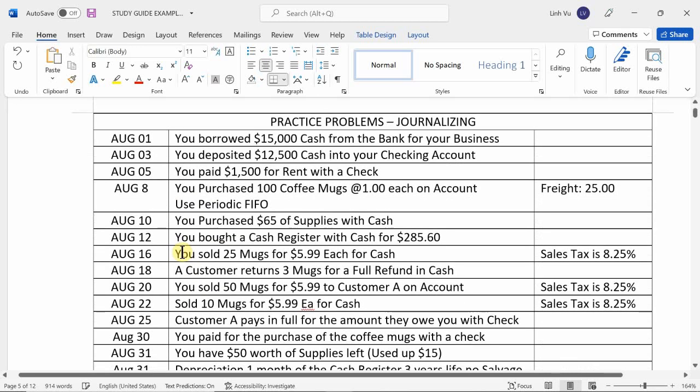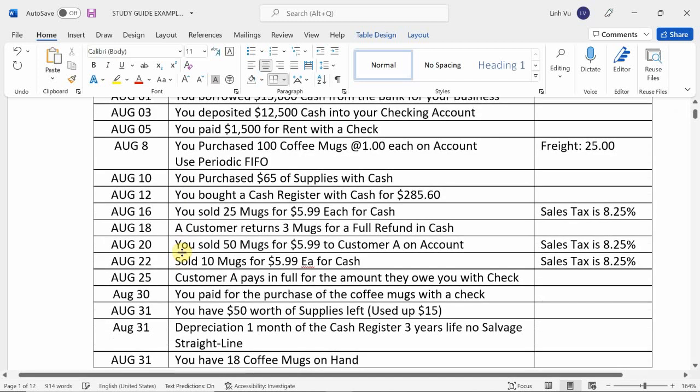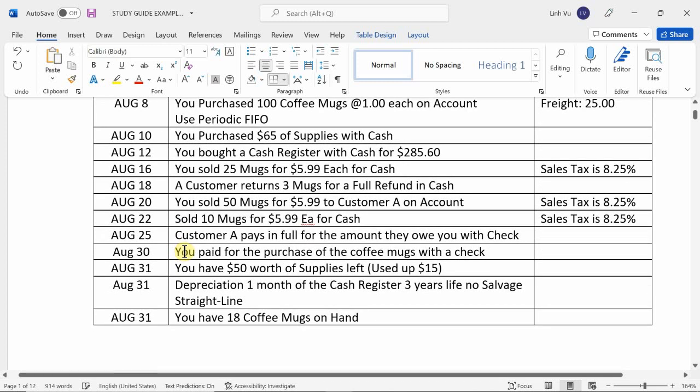Okay. So let's see what's next. Then on the 20th, you sold 50 mugs for $5.99 each to customer A on an account. Sales tax was 8.25%.